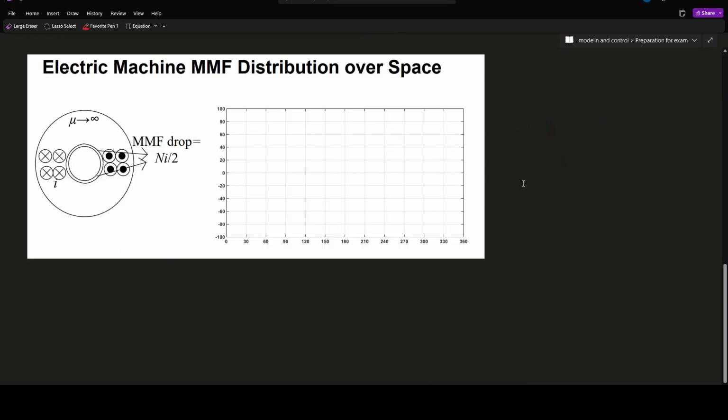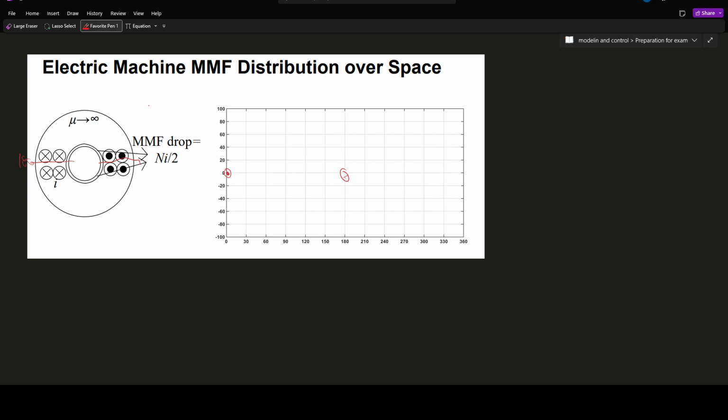Okay, now that we know that our drop is Ni over 2, we can see in space, in a given moment, what our MMF is. So here we have 0 degrees. Here we have our 180. So we know that when we have our dot, we have 0 degrees, and when we have our cross, it's 180.